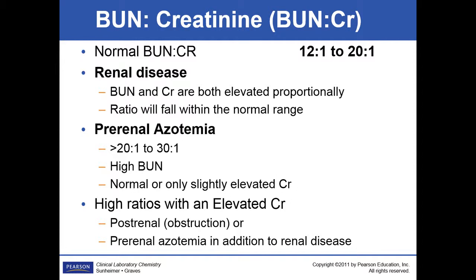Therefore, they'll still fall in the normal range. In pre-renal azotemia, you'll see a higher BUN and usually normal or just slightly elevated creatinine. Therefore, this ratio will increase.